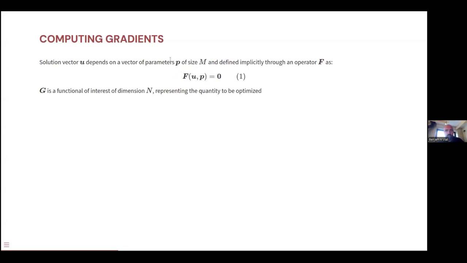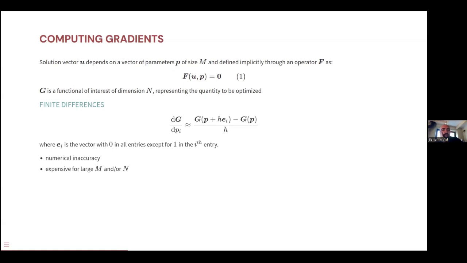So you've got this implicit relation here, and we've got now G, a functional of interest of dimension n. So very often in optimization, we've got a scalar objective function, or maybe the dimension of the objective function is small compared to the number of variables. So G is a functional that you want to minimize or maximize.